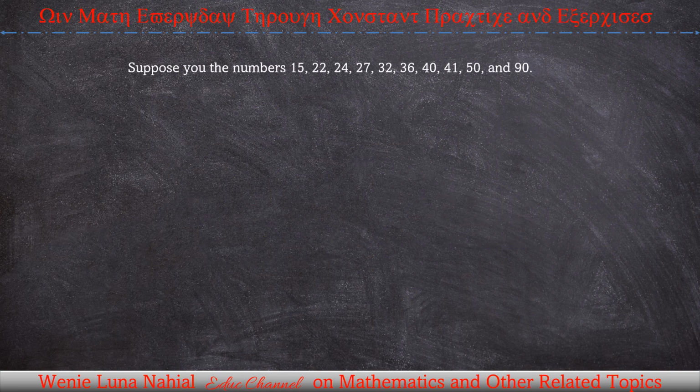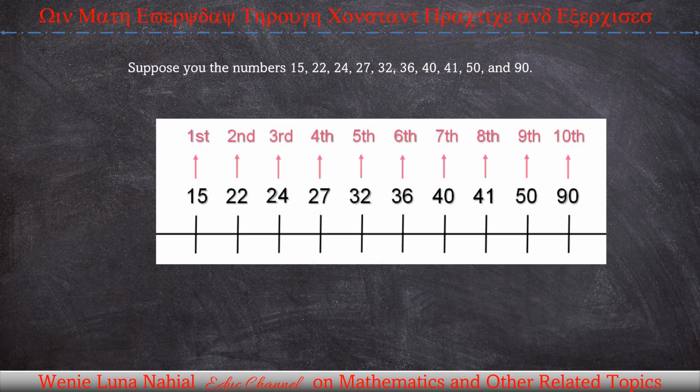Suppose you have the numbers 15, 22, 24, 27, 32, 36, 40, 41, 50, and 90. So you have to arrange them, and we see that the first decile is 15.